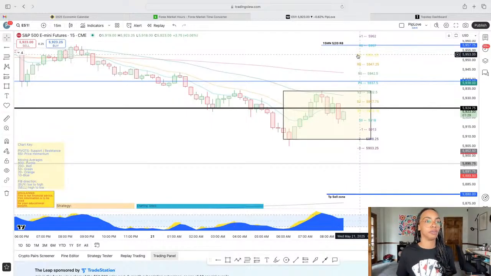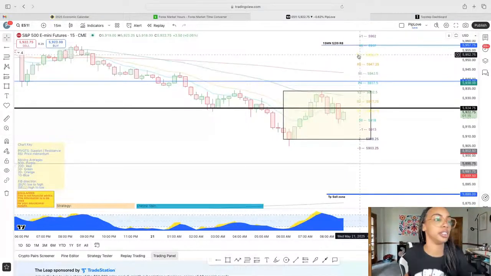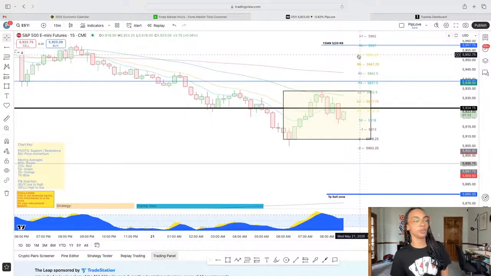Remember, if you have two contracts on and price hits 59.52, close to that area, take at least one contract off if you want to keep a runner on. Remember, price does not always tend to go to the ultimate levels sometimes. So take that with a grain of salt.